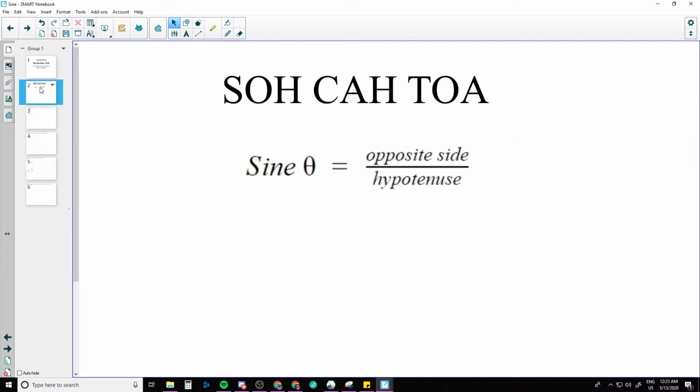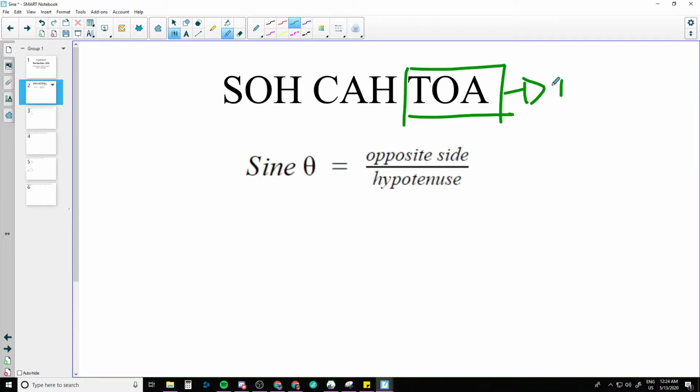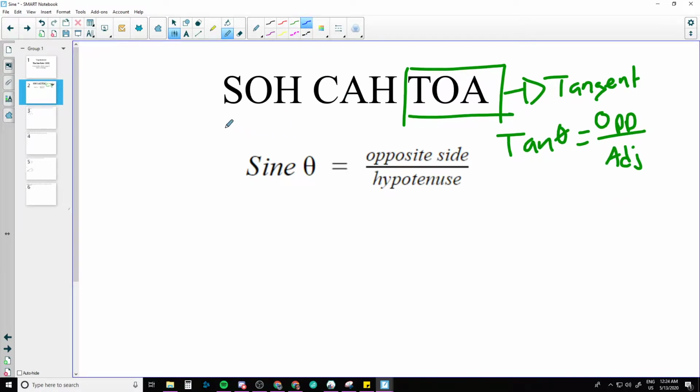So remember from last video, we talked about SOH CAH TOA. We talked about tangent last week. So TOA was tangent, and this was tan theta equals opposite over adjacent. This week, we're dealing with sine, and sine is SOH.